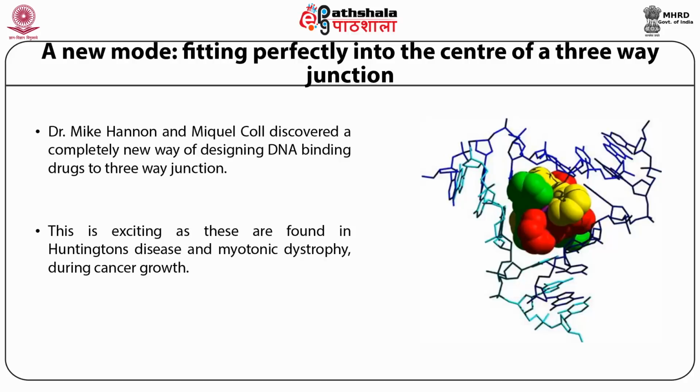This is important because 3-way junctions are found in many disease conditions such as Huntington's disease, myotonic dystrophy, and during cancer growth, etc. And it will give a new avenue for designing drugs against cancer.